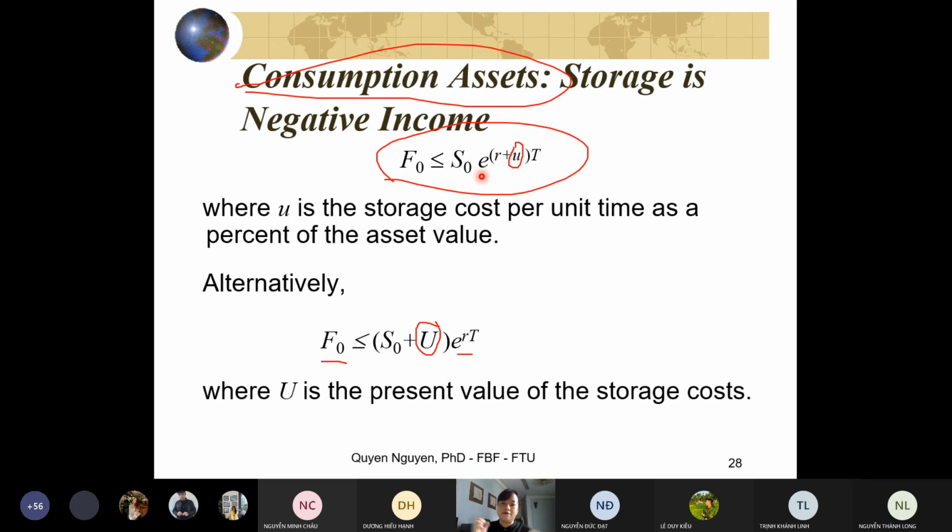We understand that if F0 is equal to S0 multiplied by e to the power of rT, then there is no arbitrage opportunity if the relationship holds.